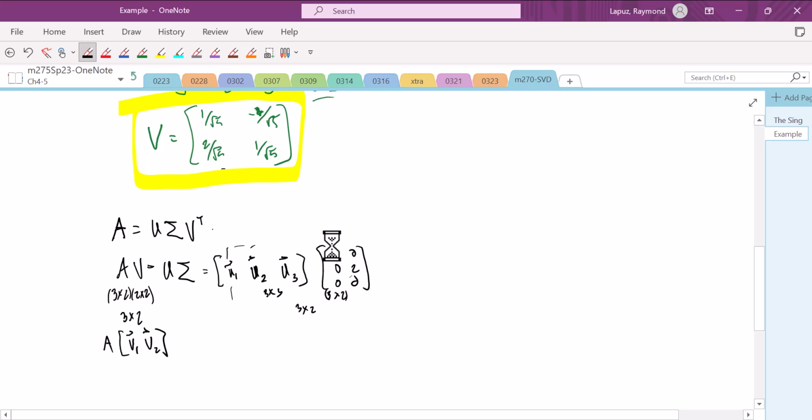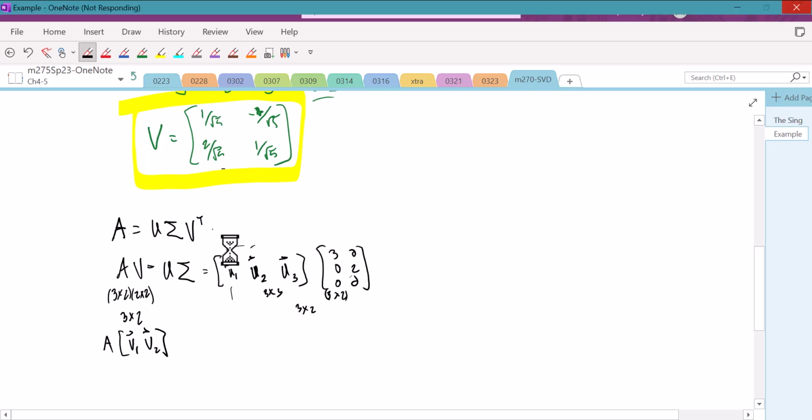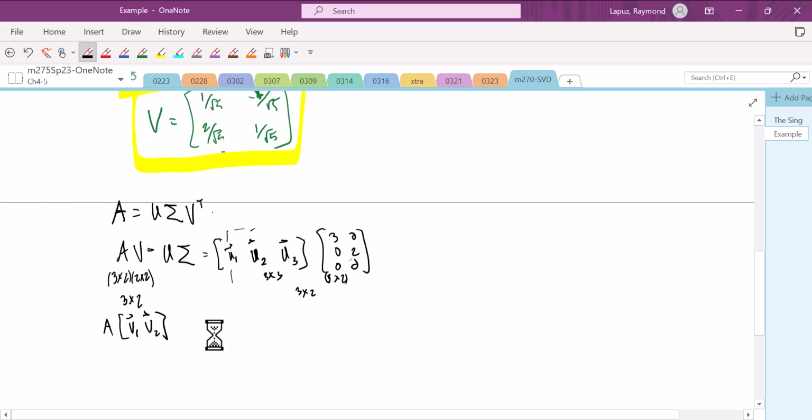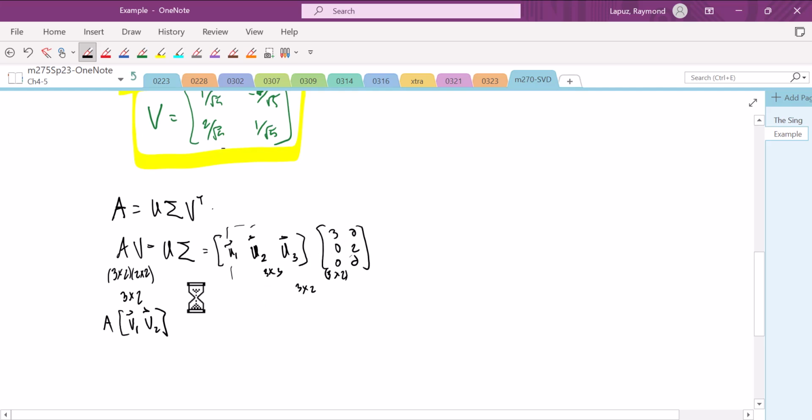So what does that mean? That means we can't take the inverse of this thing, but at least the first 2 columns of this could be represented by U1, which is going to be the first column of this, A times V1, but then this will have a sigma in it.